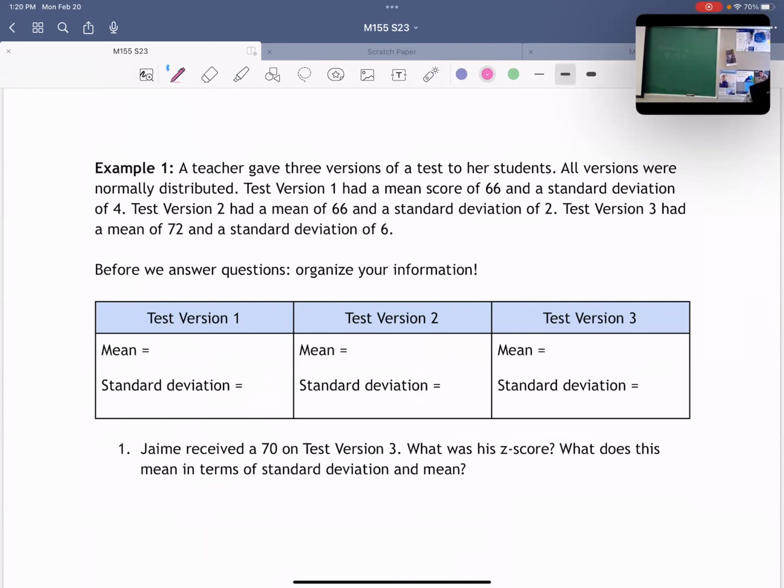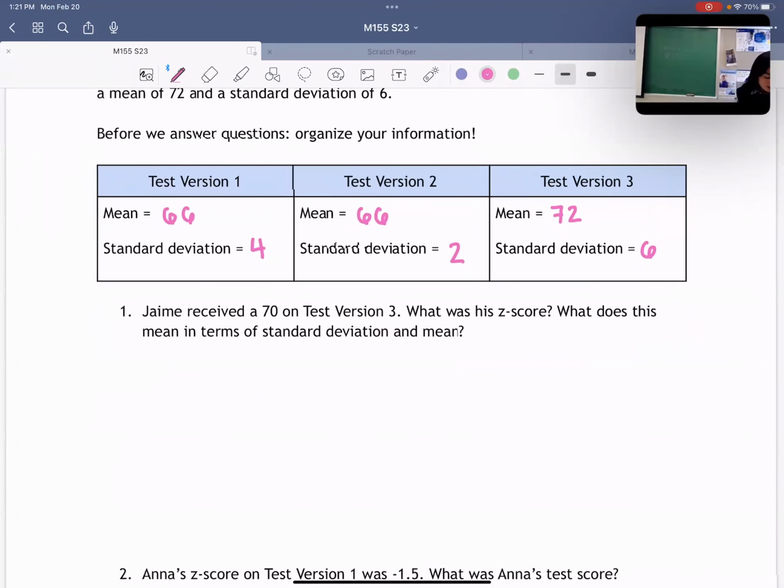Test number 1 has a mean score of 66 and a standard deviation of 4. Test version 2 has a mean of 66 and a standard deviation of 2. And test number 3 has a mean of 72 and a standard deviation of 6. So I just organized all the information so I don't have to go back into the question to figure out what the numbers are.